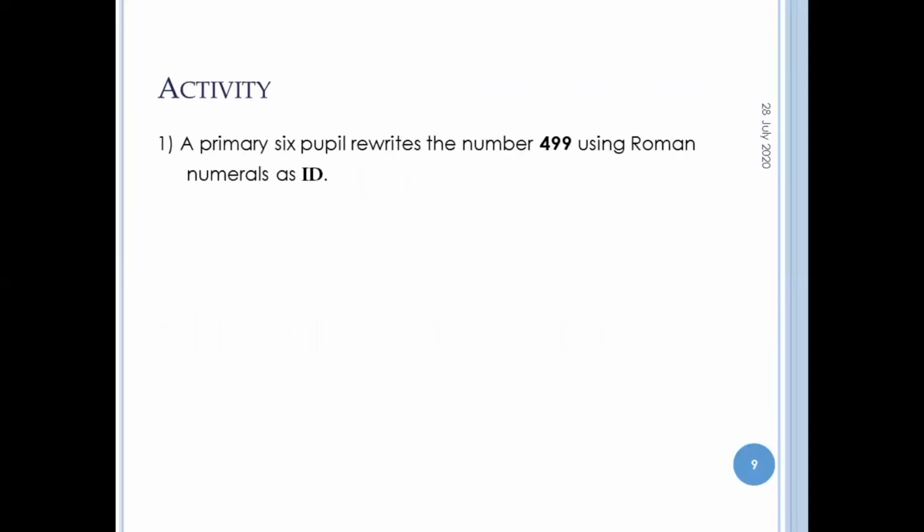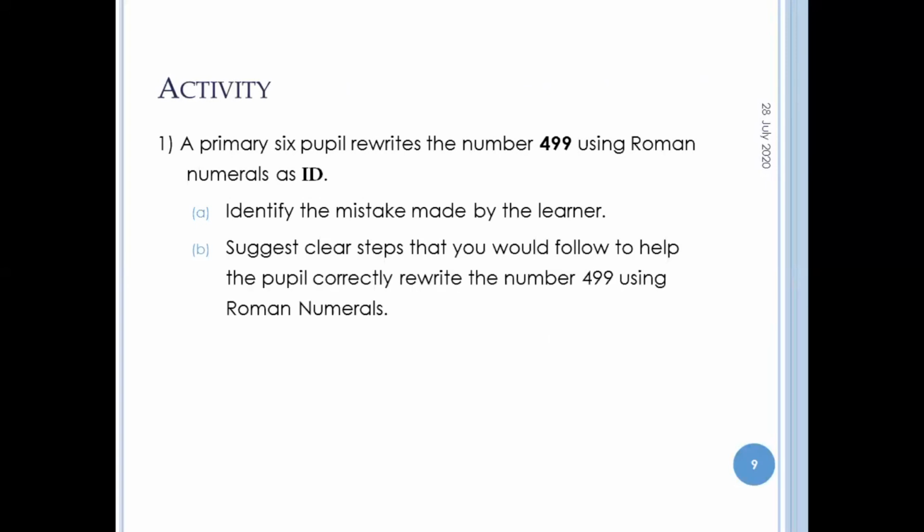A primary 6 pupil writes the number 499 using Roman numerals as ID. The question here is, is the pupil right or wrong? But if the pupil is wrong, what mistake did the learner do? And which steps can you follow as a teacher to help this pupil correctly rewrite the number 499 using Roman numerals?